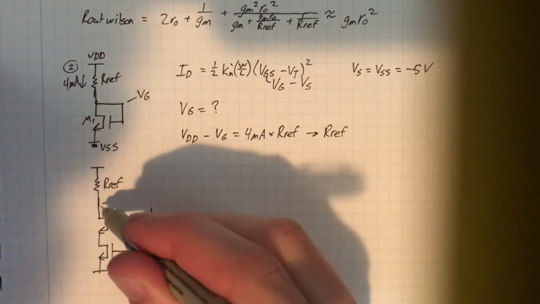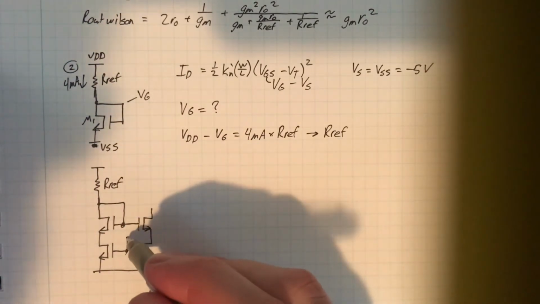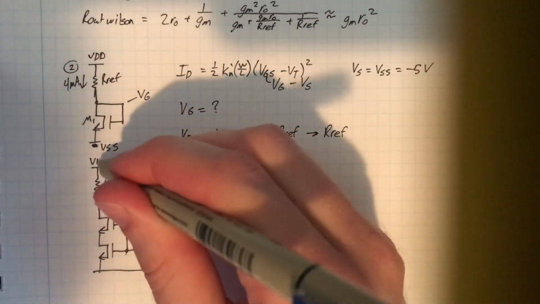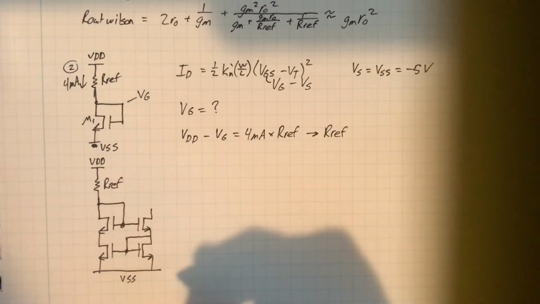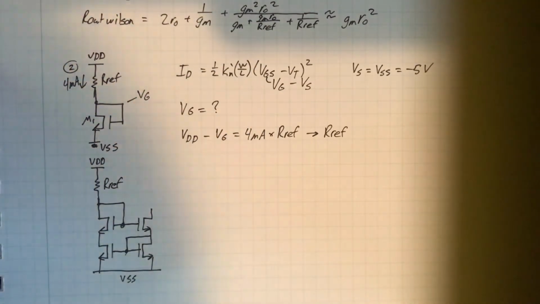And this one goes this way. This one goes this way. VDD, VSS, and the lab I'm looking at says that VDD and VSS are 10 and minus 10.